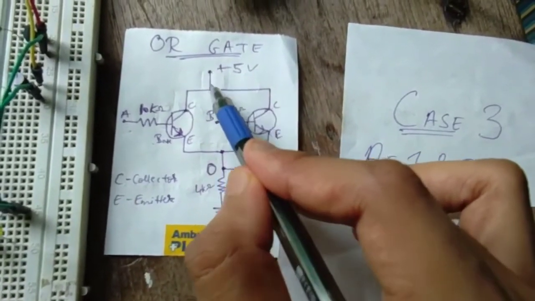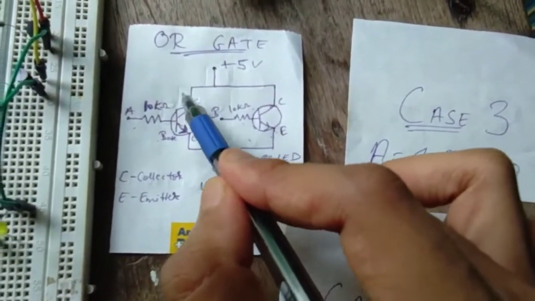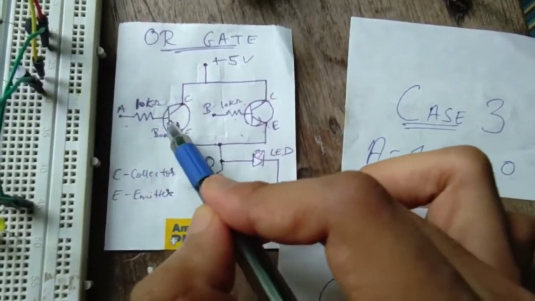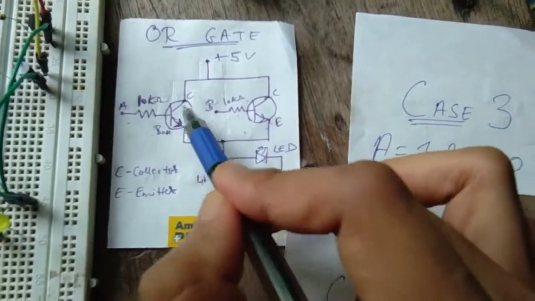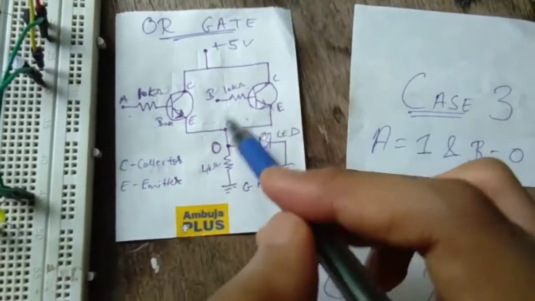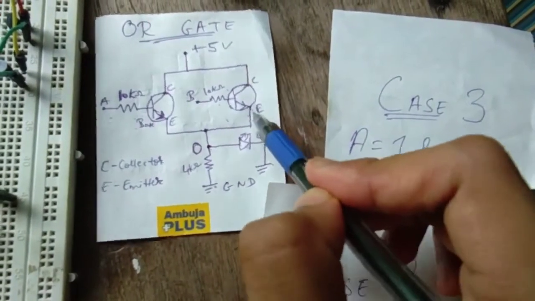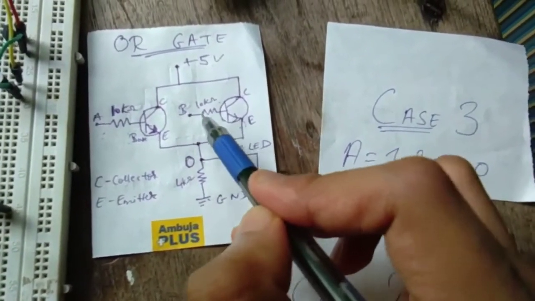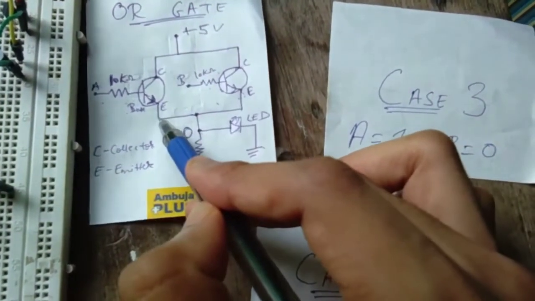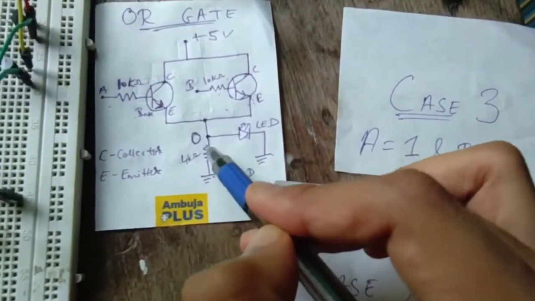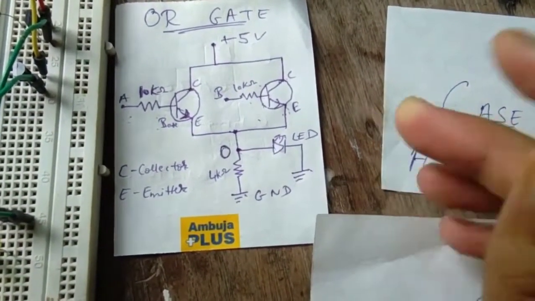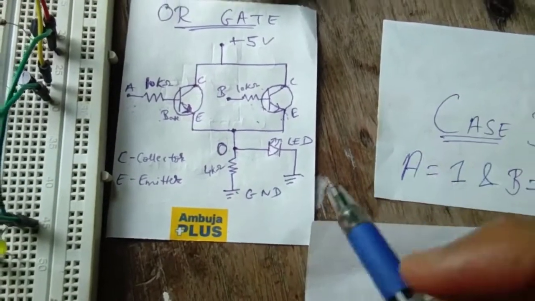The 5 volt supply will go here, the current will pass from this collector to this emitter, because this base will make the connection between the collector and emitter, as it's receiving high input from A. There won't be any connection between this collector and this emitter because B is 0. So this switch will be off. Now there is high input on this emitter, so this output will receive high input, and finally this LED will be on because it's receiving high input.